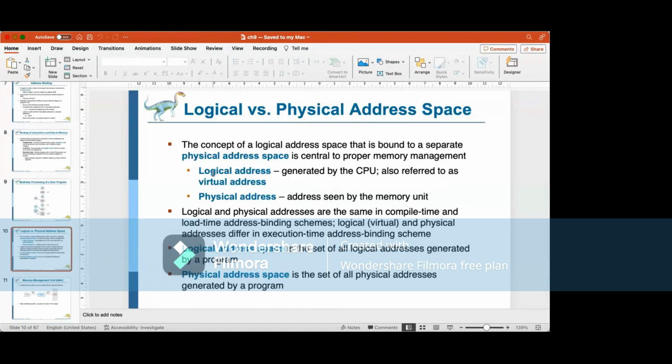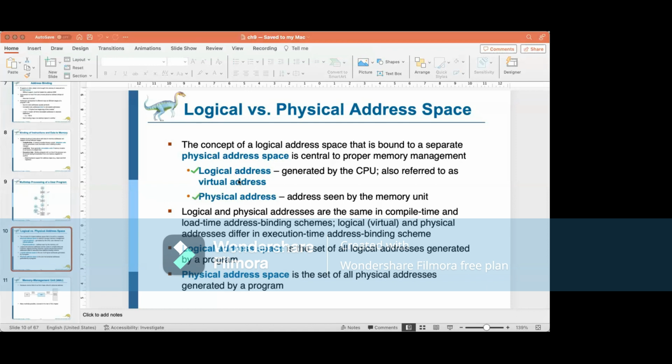Generally there are logical addresses and physical addresses. Whenever we want to execute a program, that program is to be placed in the main memory. The CPU generates an address for each instruction, called the logical address, whereas the actual address of the memory unit is called the physical address.